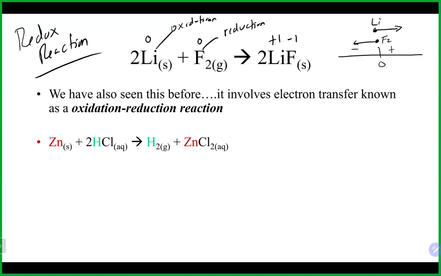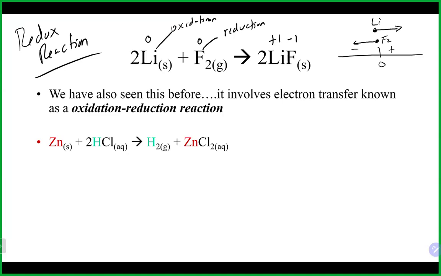In this particular case, they're basically the element form of these guys, so they have no charge. If you take anybody off the periodic table that is by itself, not combined with anything else, it will always have an oxidation state of 0. We'll see one in just a second where there are some charges, but these are the elemental forms of each of these guys, how they naturally come.